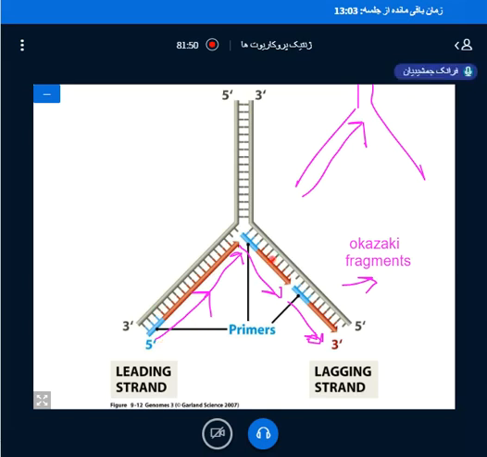And the other strand, because it should synthesize 5 prime to 3 prime, and the direction of the synthesis is opposite to the direction of the replication fork, synthesizes discontinuously. We have fragments of DNA. We call the fragments Okazaki fragments. Understand?